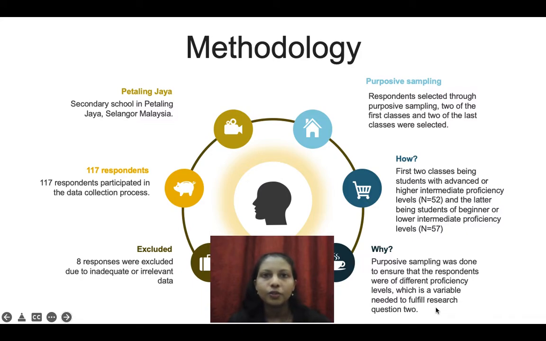The respondents were selected through purposive sampling, in which the respondents were of different proficiency levels, which is a variable needed to fulfill research question 2.